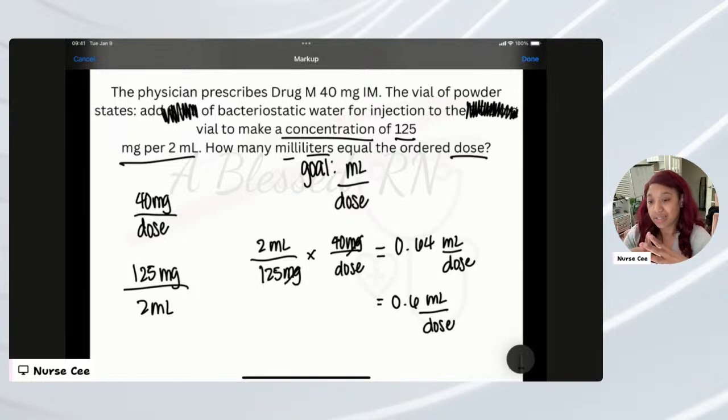With dimensional analysis, it uses the metric conversions or relationships of things, and you go from unit to unit and you cancel out your units until you get to the unit that the question is asking you. Even with desired over have, you have to know your metric conversions.